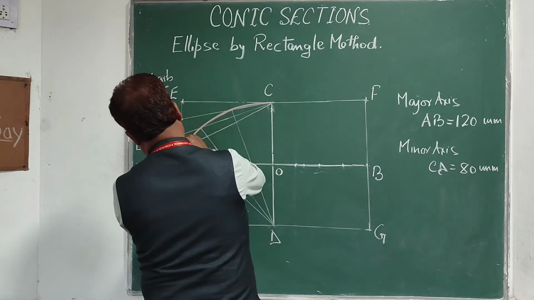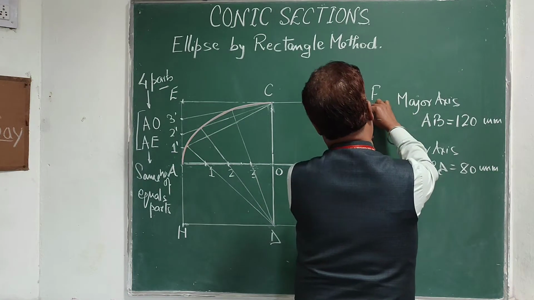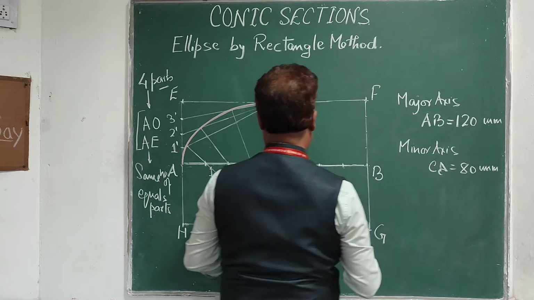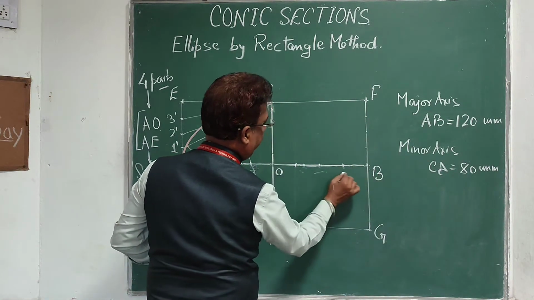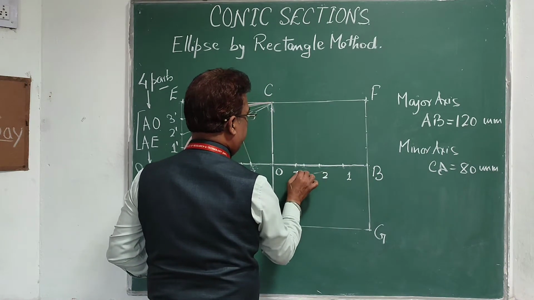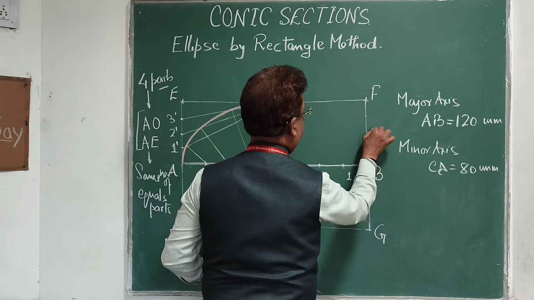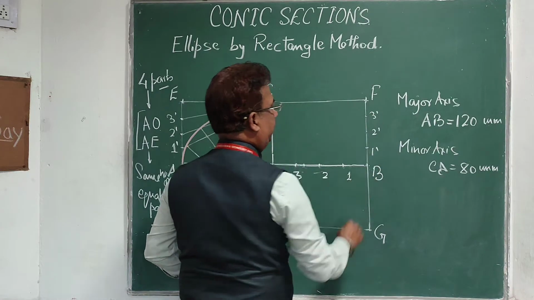And in the same way I can divide this upper line into 4 parts. Again this time the naming will be B towards O. So this will be 1, this will be 2 and this will be 3. Same way B towards F. So this will be 1 dash, 2 dash and 3 dash.